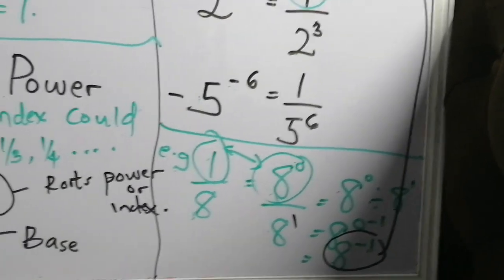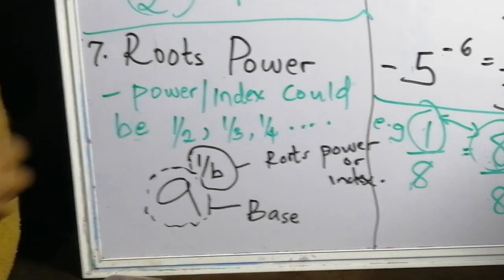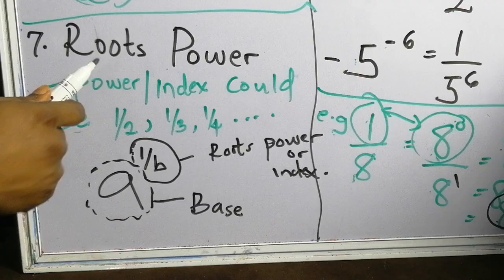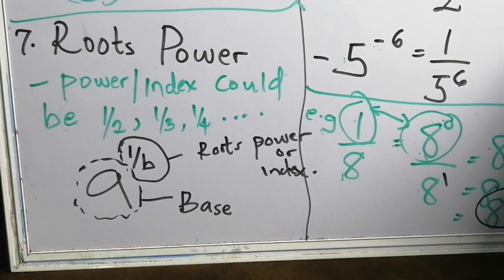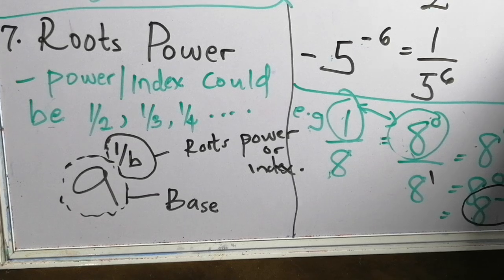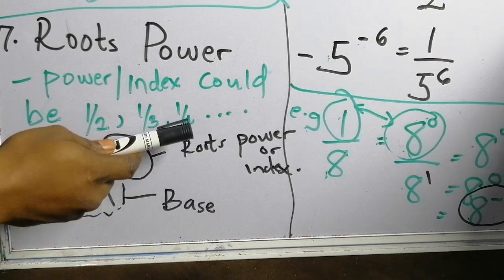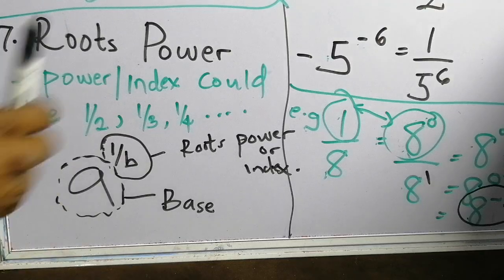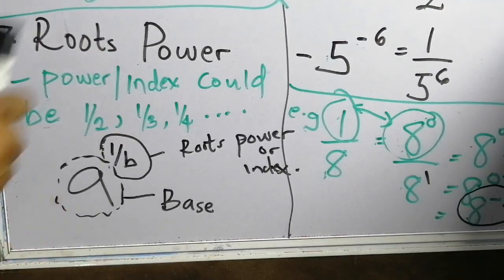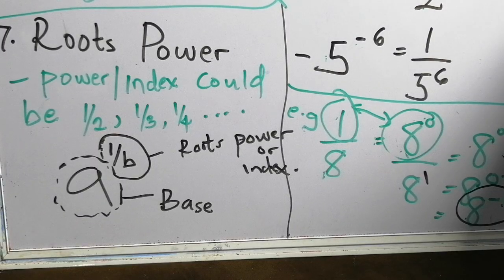So all these things, you need to note them in the laws of indices. The last one that we have here is the root power law. The root can be a half, 1 over 2, 1 over 3, 1 over 4. We don't want to waste our time on these laws, but they are very key.